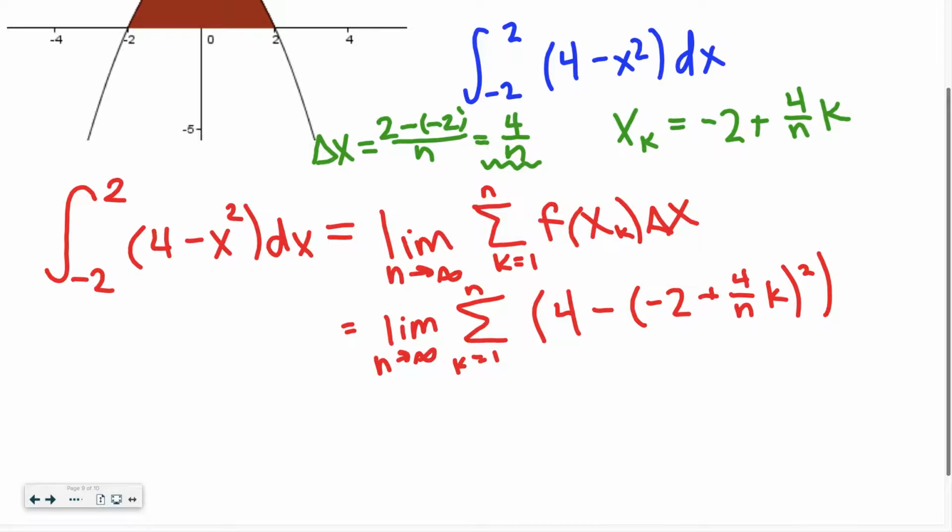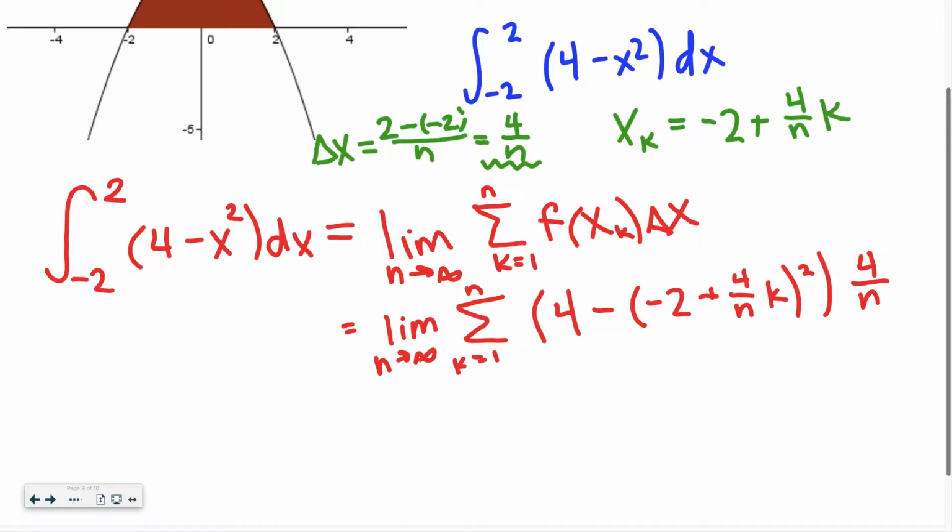And then we have to multiply our function by delta x. So this is 4 minus x squared times delta x. I forgot the 4 minus.